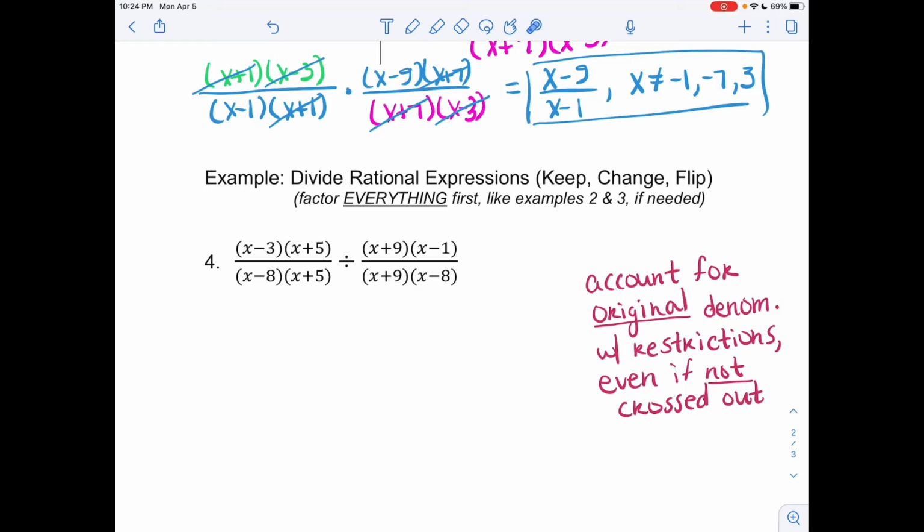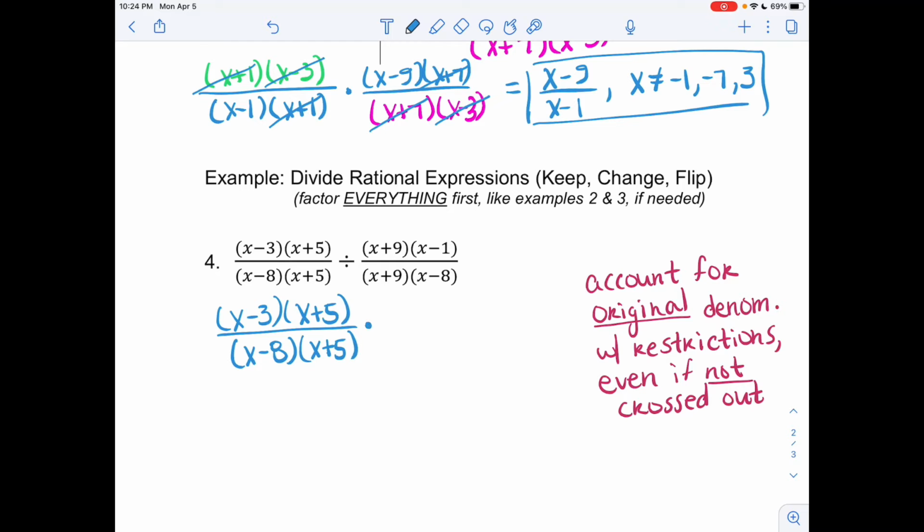So I am going to rewrite this using keep, change, flip. I'm going to keep my entire first fraction, which is x minus 3 times x plus 5. I'm going to divide that by what I already had, x minus 8 and x plus 5.